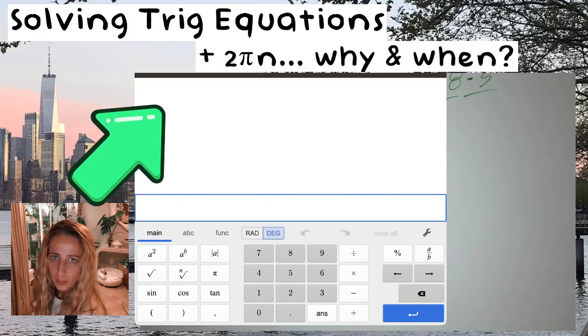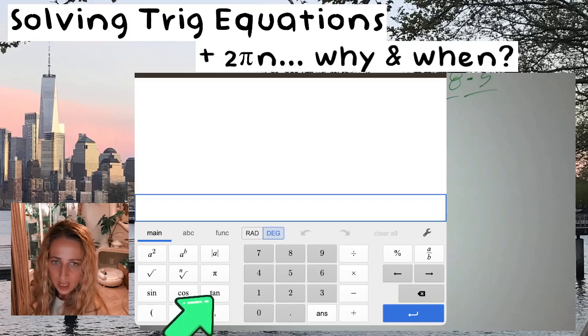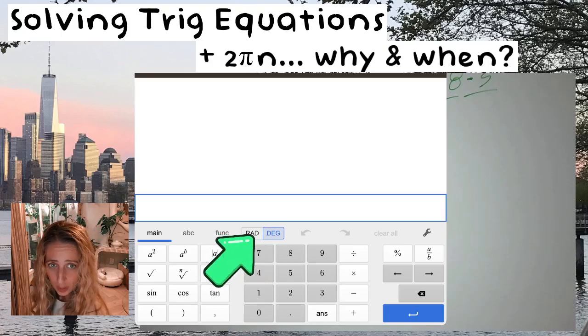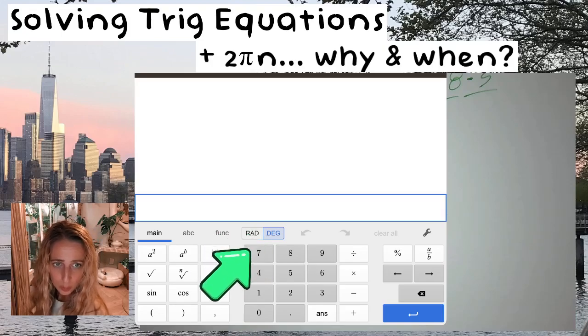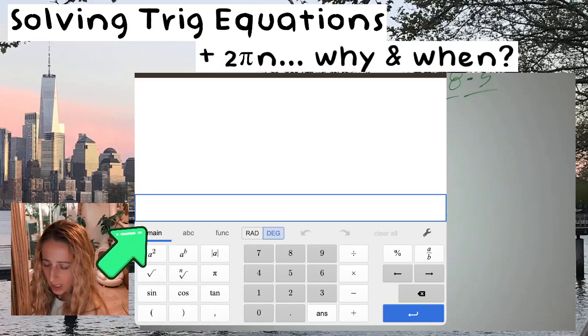All right, bit large though, right? All right, so tan is there, but that's not the tan inverse button. Typically on a calculator, and here you'll see my calculator's in degrees, which is what we want for this example. If I want it in radians, the radians should be blue. But to get tan inverse to work, usually I have to hit like a shift key or something like that.